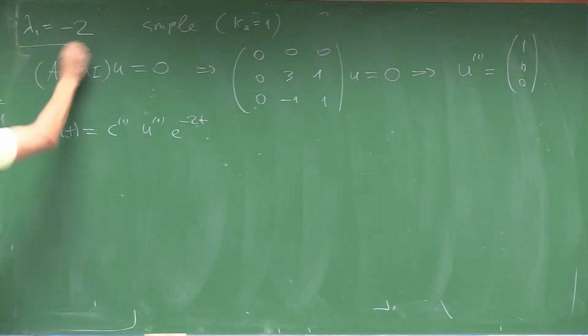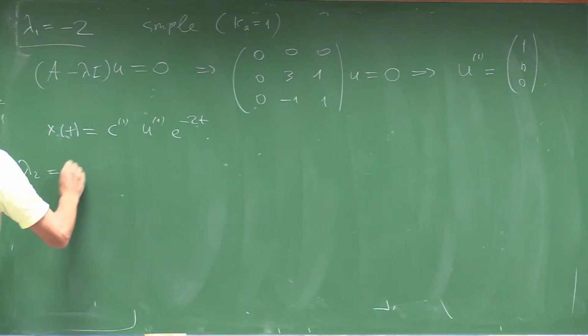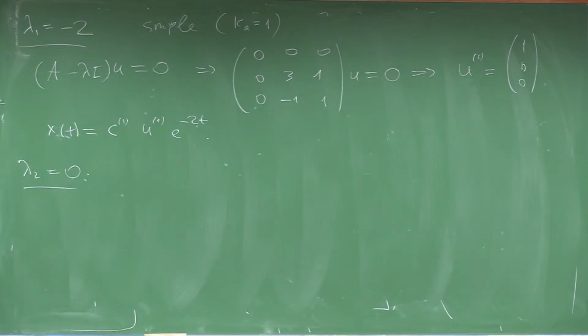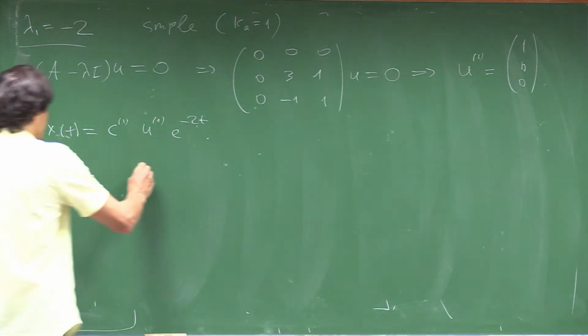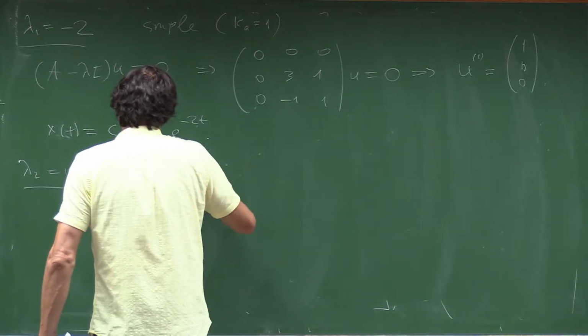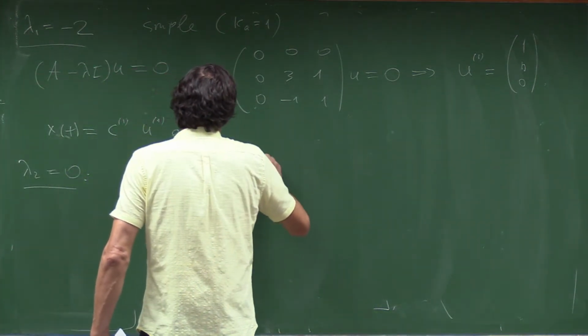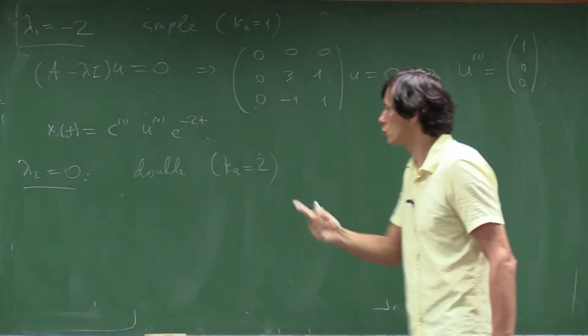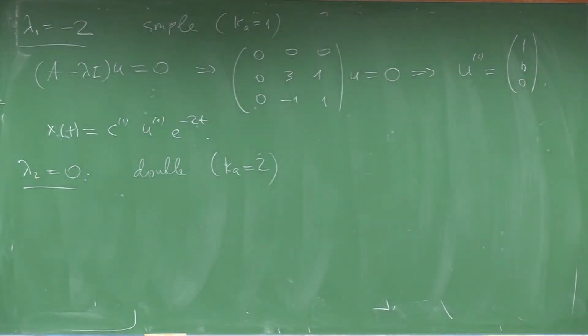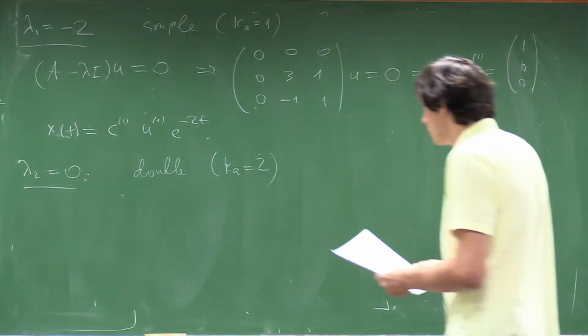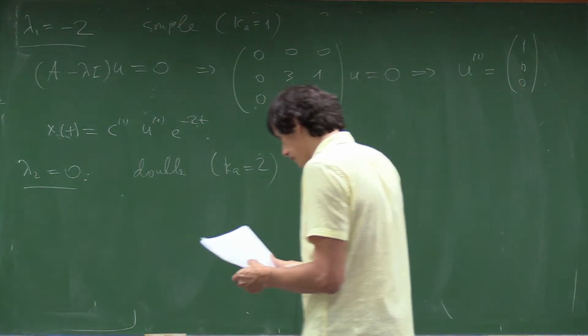Okay, next let's consider the eigenvalue lambda 2 equals 0. This is a double eigenvalue. There are two roots, so the algebraic multiplicity is 2. Okay, so first we start with finding eigenvectors.